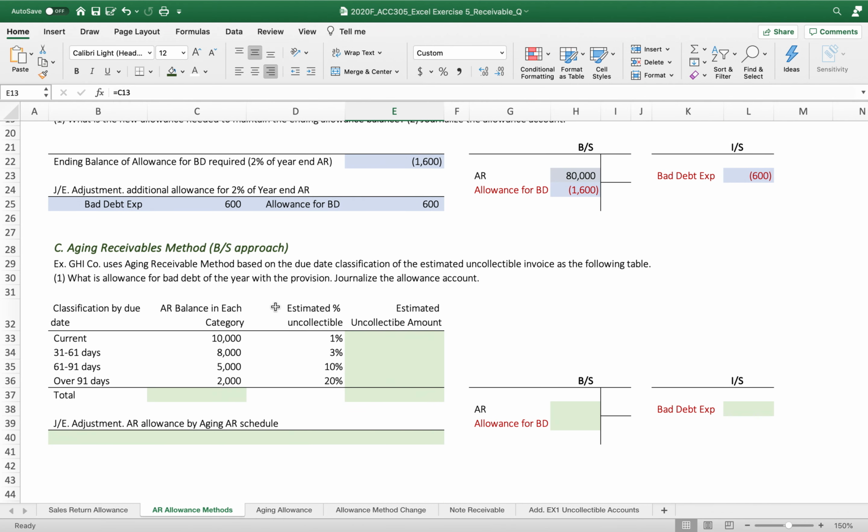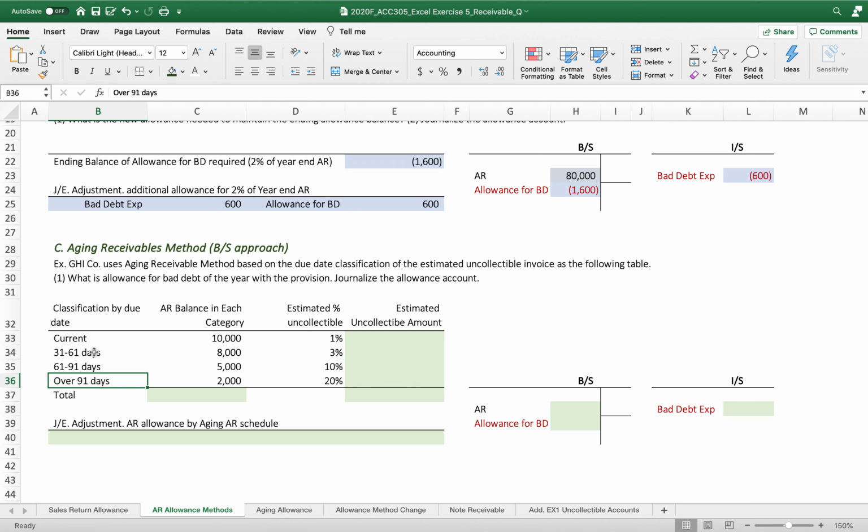Now, the aging receivable method is also a kind of percentage of accounts receivable, but we are classifying the AR aging accounts by different ranges of days, like current, 1 to 2 months, 2 to 3 months, and over 3 months.